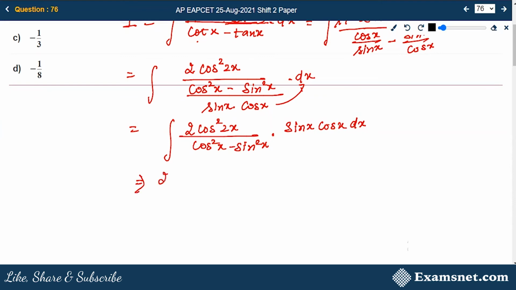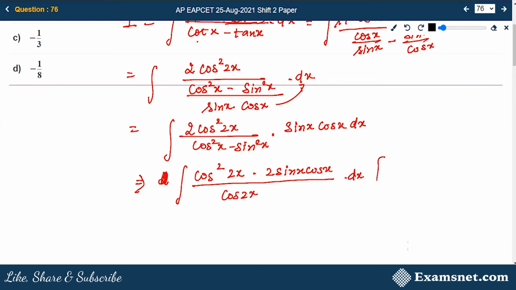So this 2, I'll put it over with this. This is cos square 2x into 2 sin x cos x divided by cos square x minus sin square x. This is cos 2x. Why? Cos 2a is equal to cos square a minus sin square a.